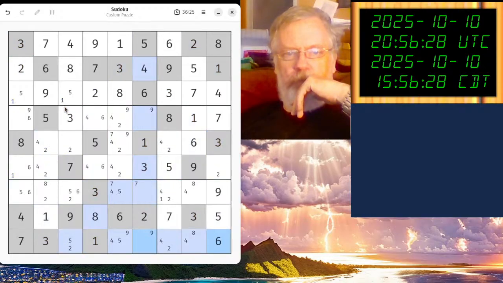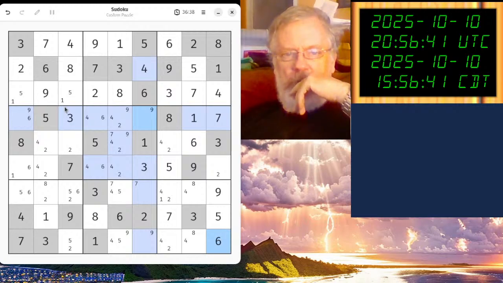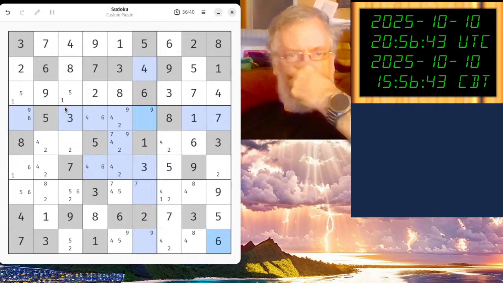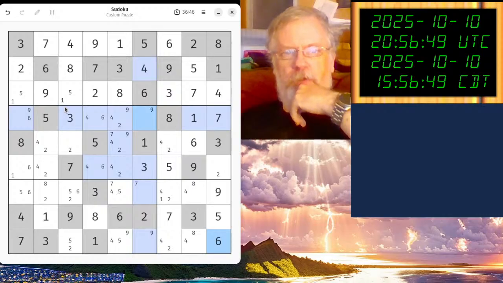And this is where we run into that pair of 9s that can't be anything else, can they? I am missing an 8 from here. Okay.